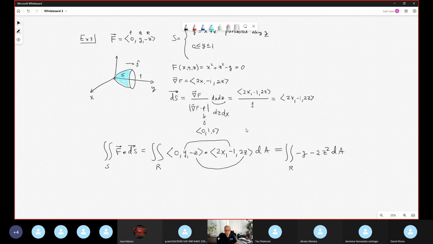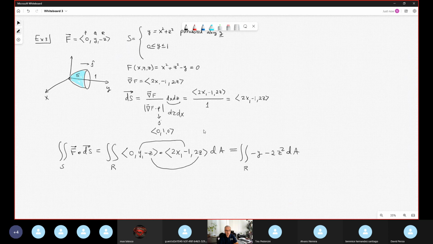Okay. Now ready. What is my region R? Well, no. Okay, I need to fix something. Remember, the variables that participate in the game are z and x, and we have y here. You need to do something in order to eliminate this y. But it's easy, because I know that y is equal to x squared plus z squared.